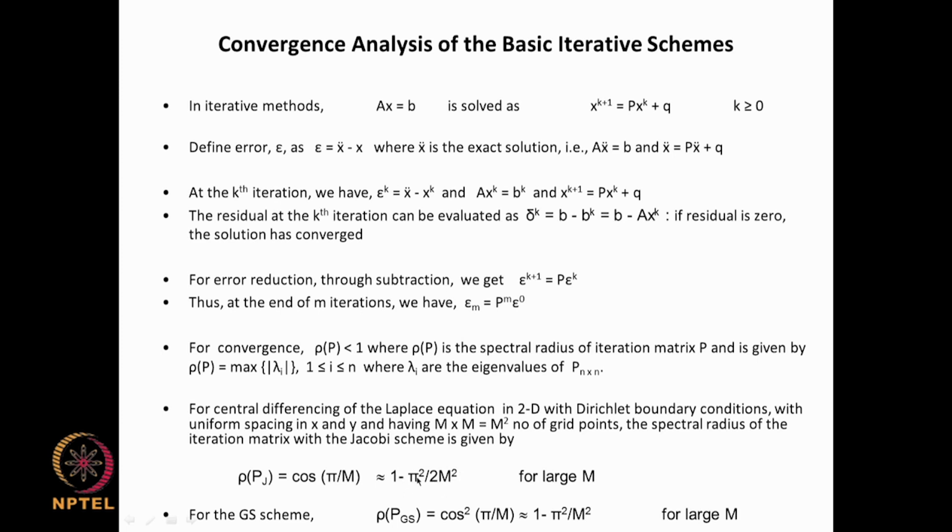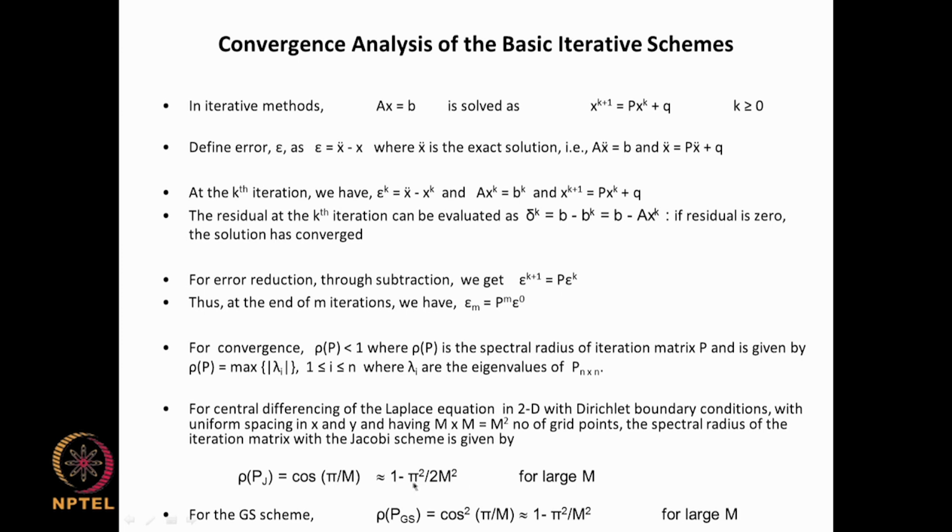So 1 minus 0.001, that is 0.999, is the largest eigenvalue, okay. If you take m to be 100, then this is 1 minus 10 by 2 times 100 square, so that is 10 by 20,000.